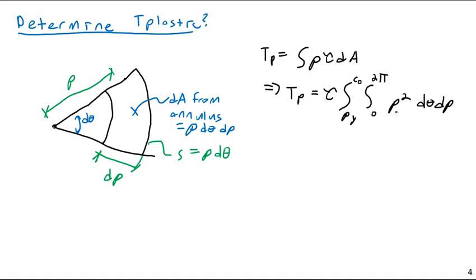Just an area integral. And from this, we get that the plastic torque is equal to 2 pi over 3 times tau yield times C outer to the third minus the elastic radius also to the third. That is the formula for the torque of the plastic portion.